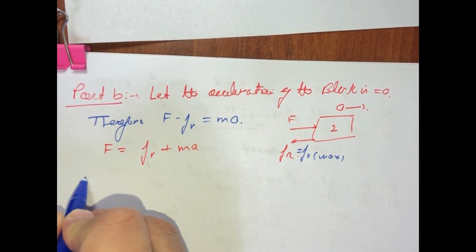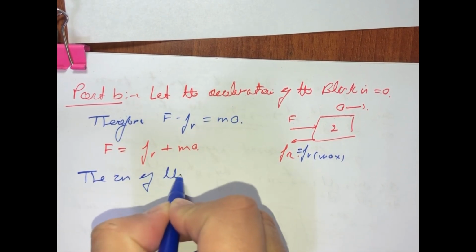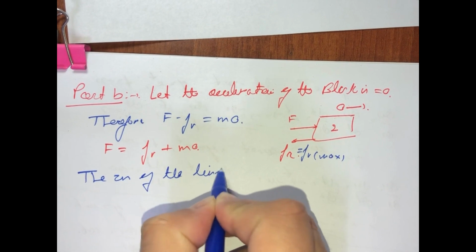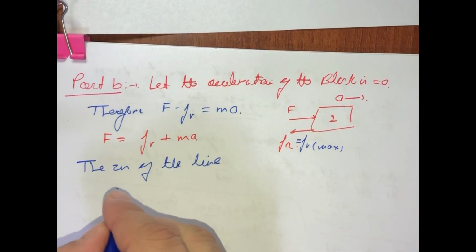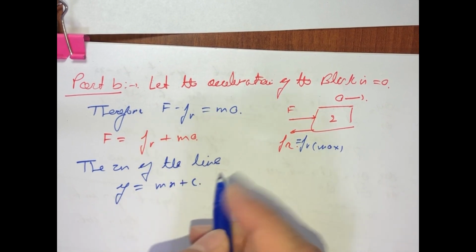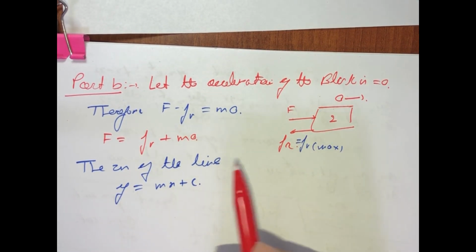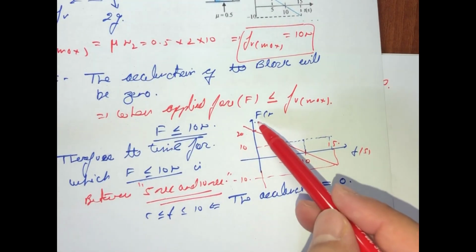The equation for the line is given as y is equal to mx plus c, and here the y axis is represented by F and the x axis is represented by time t.